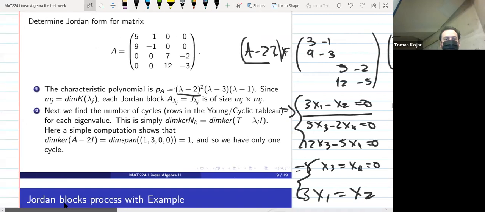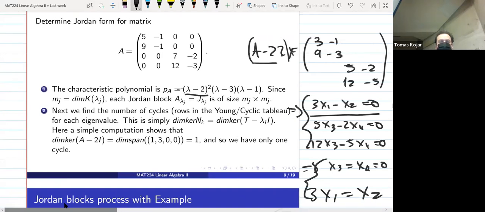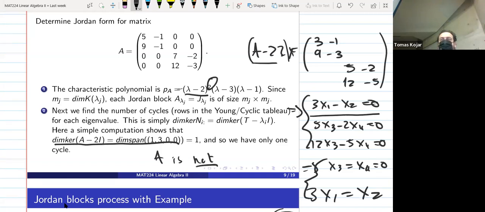And then you compare, and you see that the eigenspace is generated by one guy, but multiplicity is 2, so your matrix is not what? Yeah, it's not diagonalizable because E2 is strictly less than M2.